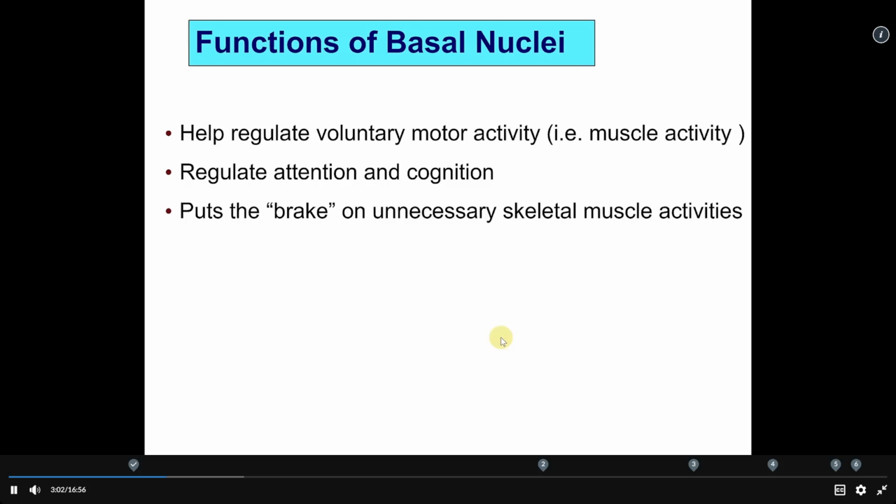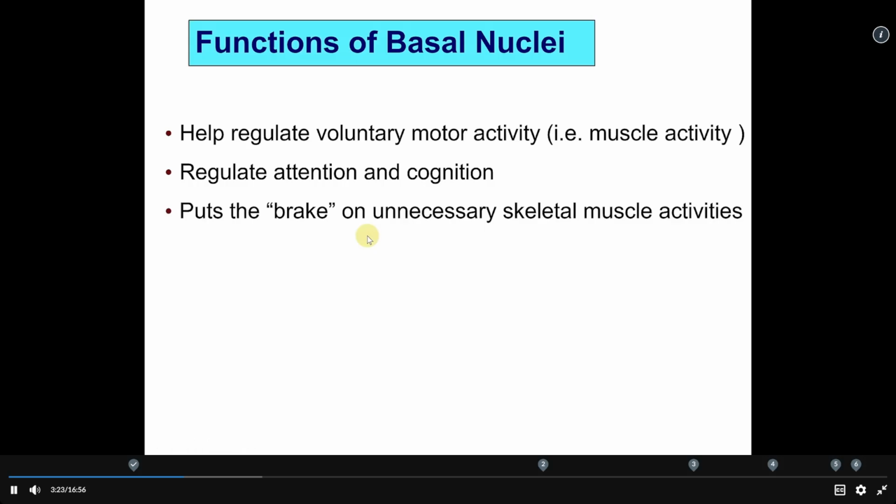So we know that the basal nuclei helps regulate voluntary motor activity. What we're really talking about is skeletal muscle activity. It also regulates attention and cognition, and in terms of skeletal muscle activity, it puts the brake on unnecessary skeletal muscles.